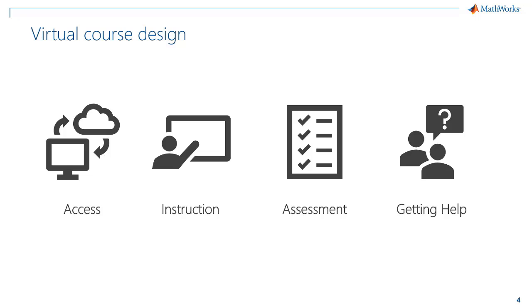We need to assess and deliver feedback to students in a consistent and timely manner. And lastly, where do you and your students go if you need help or ideas? We'll discuss all of these categories one at a time. But before we do, I'd like to give you a quick overview of MathWorks products.